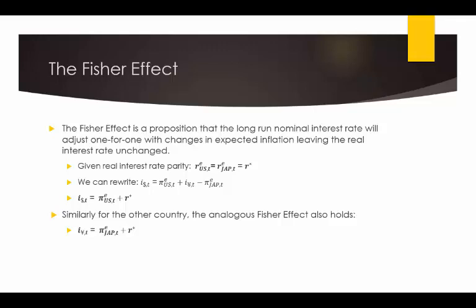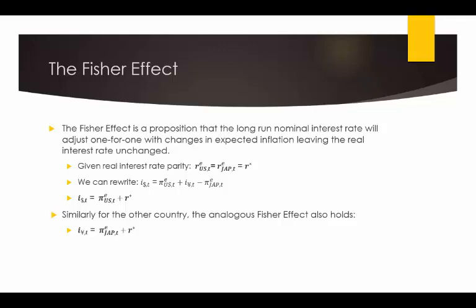Similarly, the long-run interest rate in Japan is equal to the Japanese inflation rate plus an exogenously determined world real interest rate. The real interest rate is exogenous because it is determined by overall global saving and investment decisions.